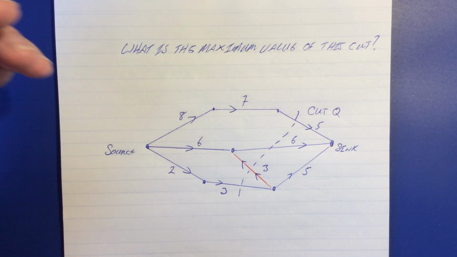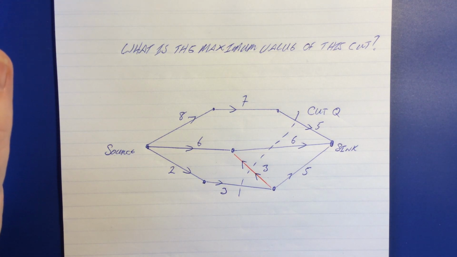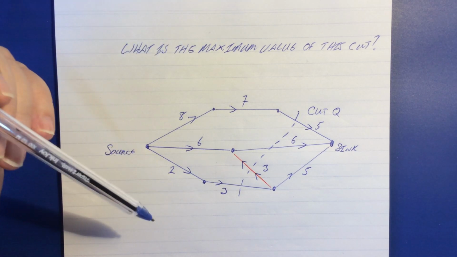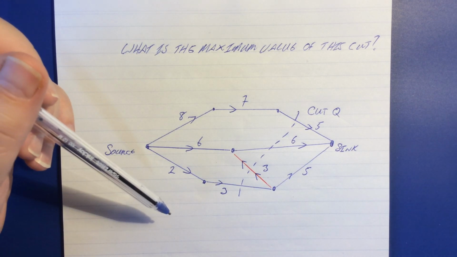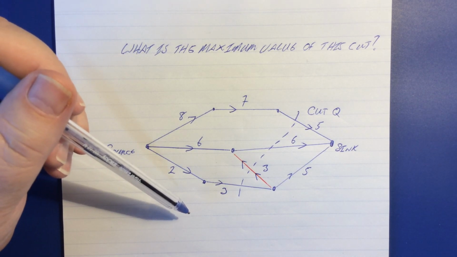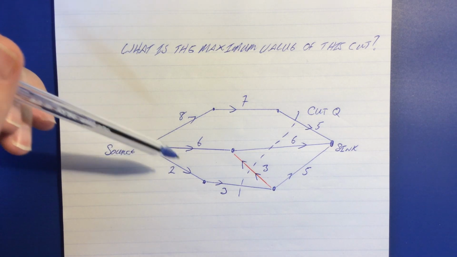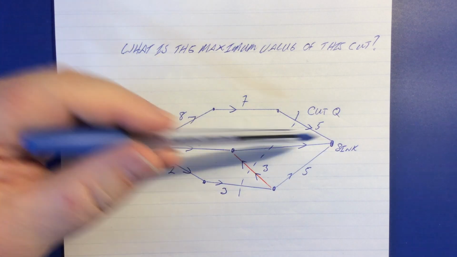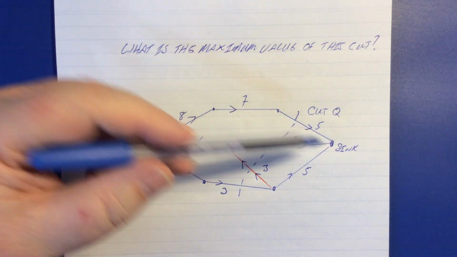And one of the exercises that you do when you're working with these is you go looking for the easiest way in which to cut the flow from, say, A to B, source to sink.